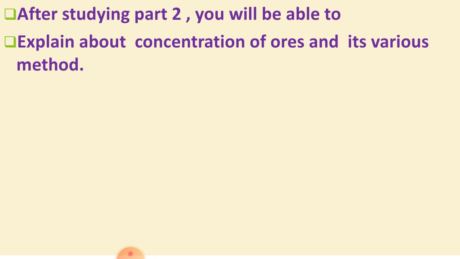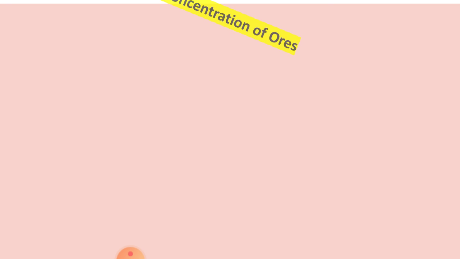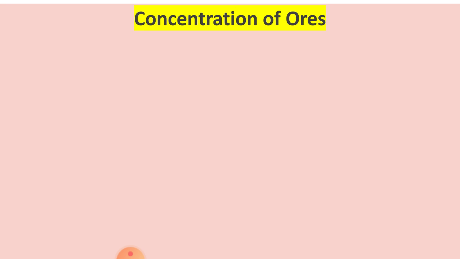So these are about the concentration of ore. Then you will also see some solved questions based on the above topic, which are important from the examination point of view. So now students, let us start the concentration of ore.